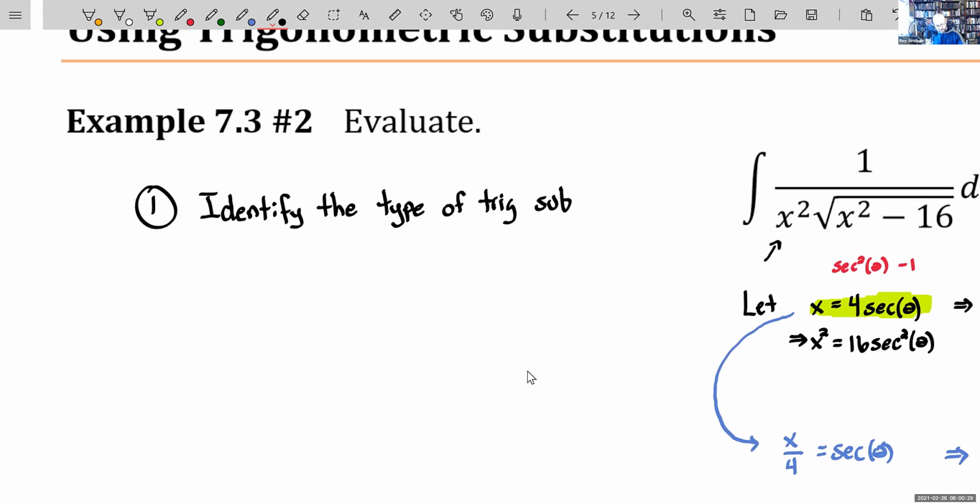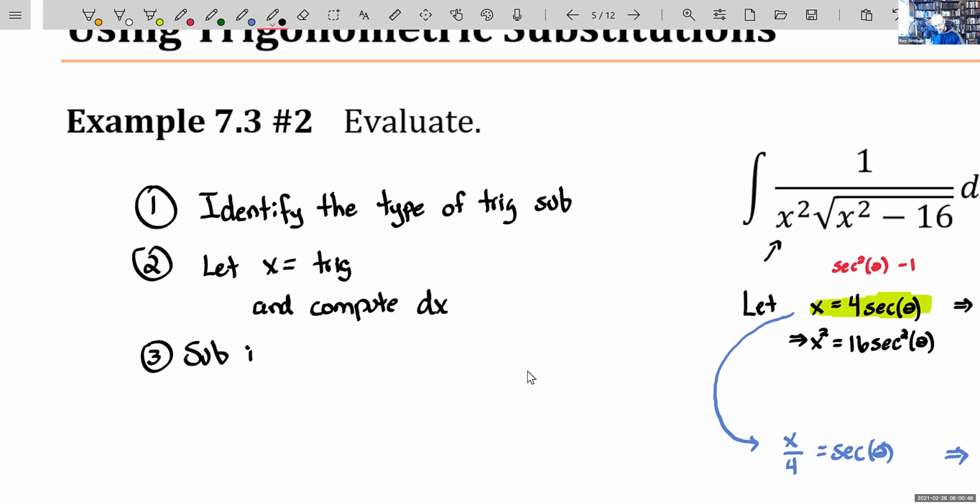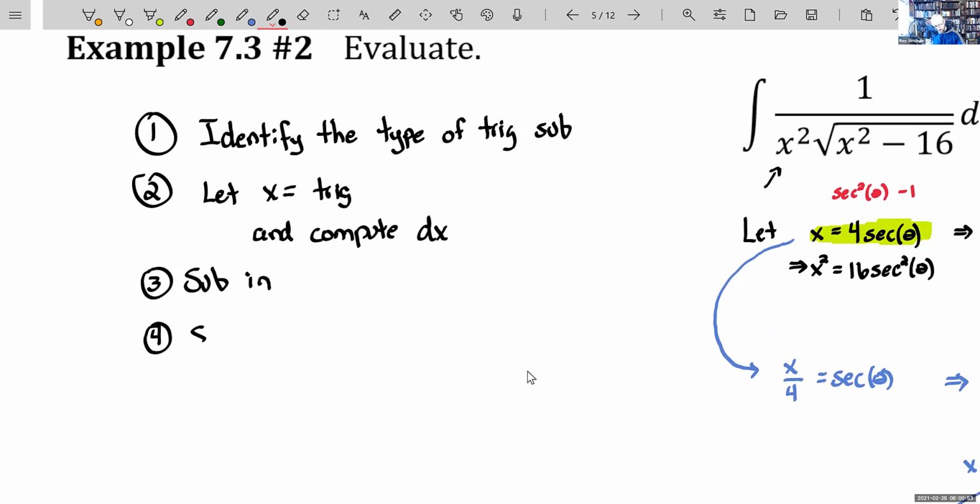So once you do that, you then let x equal whatever the trig function is that you're going to sub in for, and find and compute dx. Sub in all that stuff, simplify, and use trig identities, technically Pythagorean identities, but whatever.